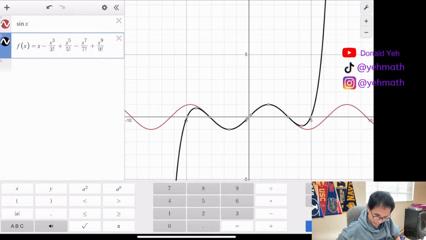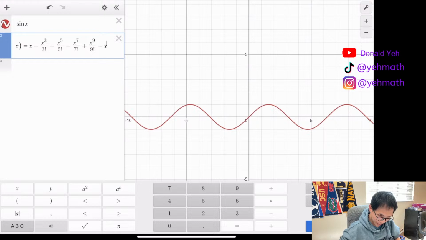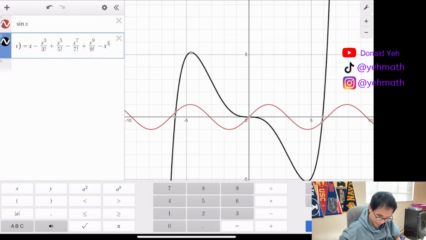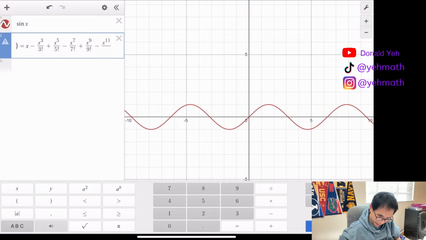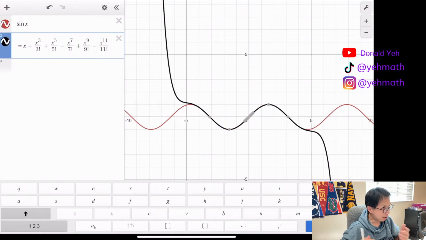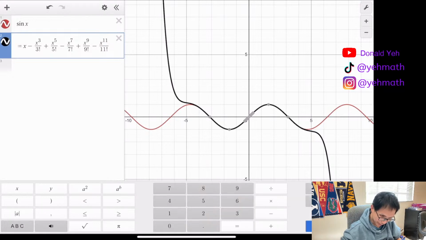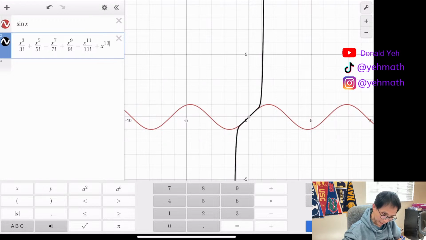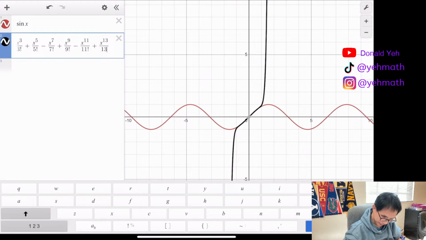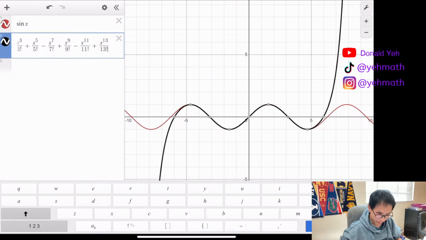We can say minus x to the 11th over 11 factorial. And now it has started getting even better. Plus x to the 13th over 13 factorial. And you see that it goes almost all the way, even more here.